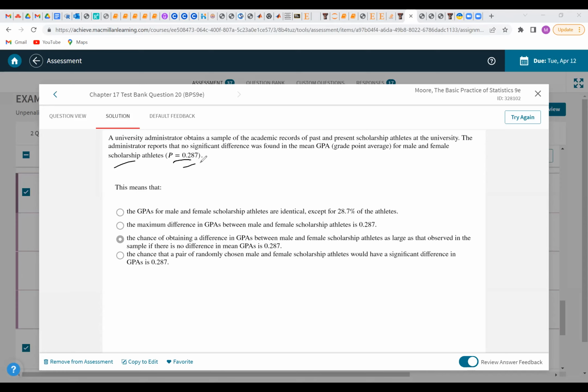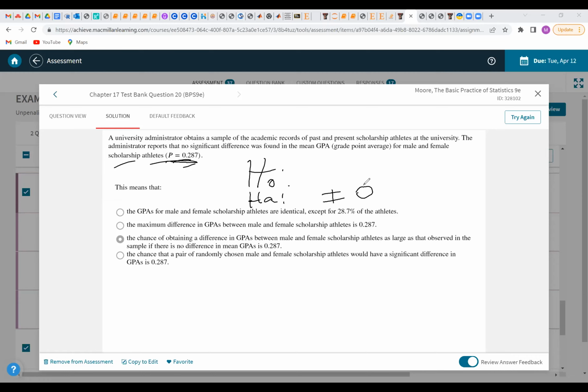So what does this p-value mean? Here the alternative hypothesis was not equal to 0, because we were looking for whether there is a difference or not.